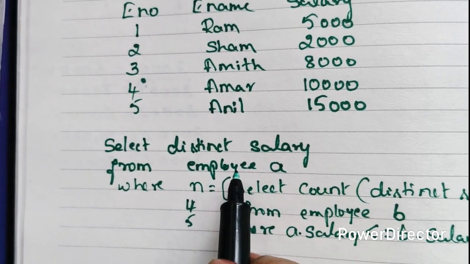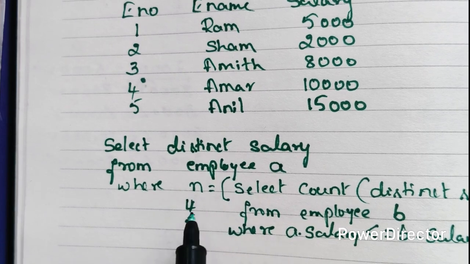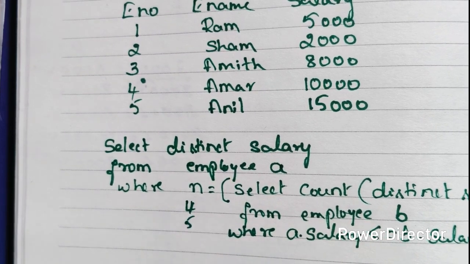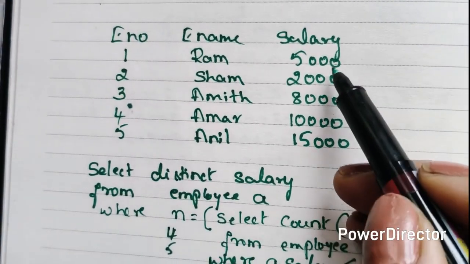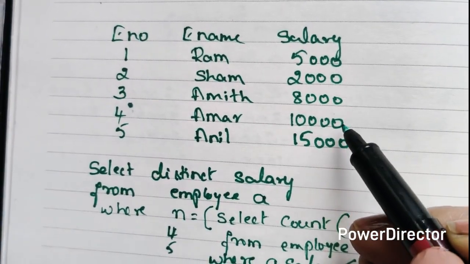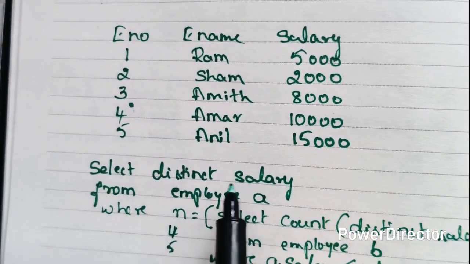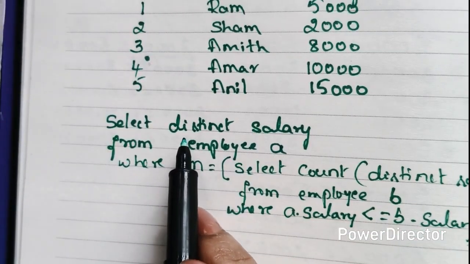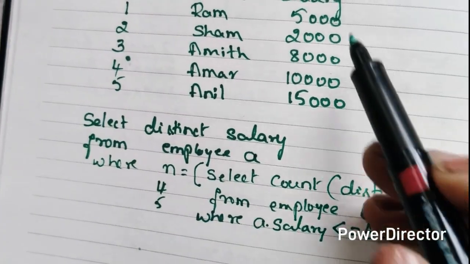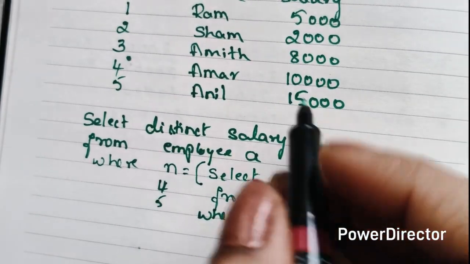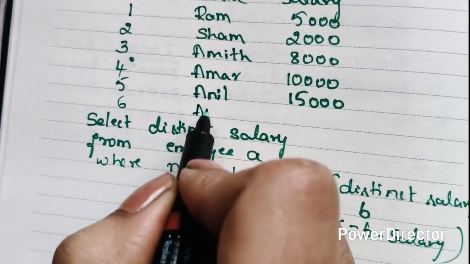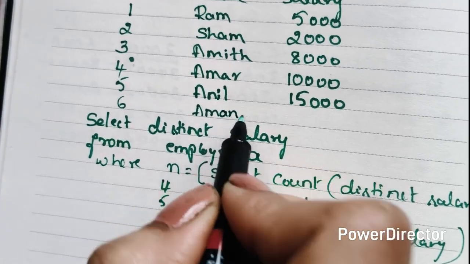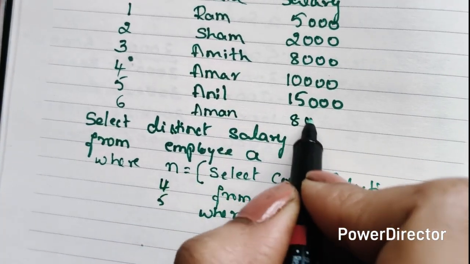What is a distinct salary? What is the highest salary you are going to search? In this example, we have a salary list that is 5,000, 2,000, 8,000, 10,000 and 15,000. So the query will take this distinct salary. Distinct is nothing but it will remove the duplicate values. Suppose I write one more value whose name is Aman, whose salary is 8,000.